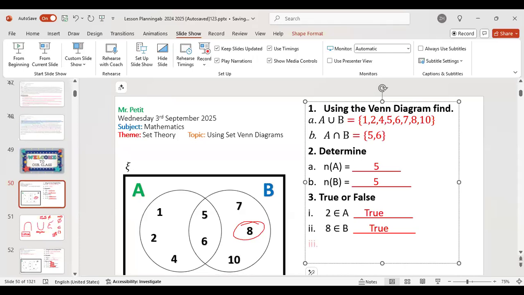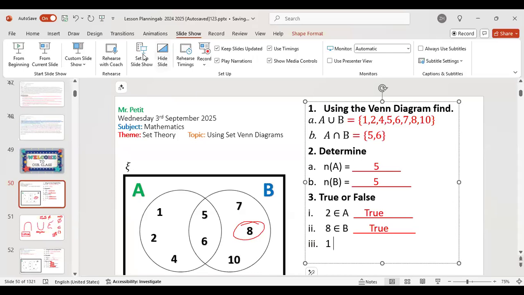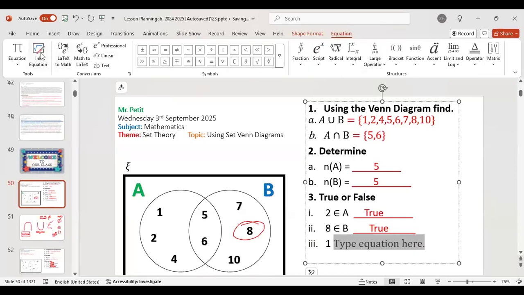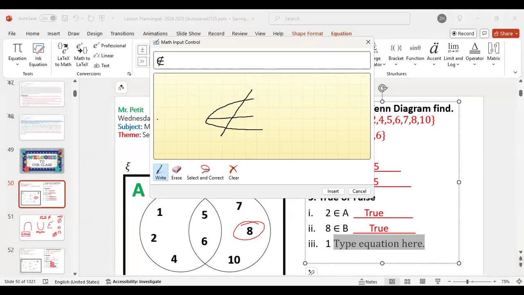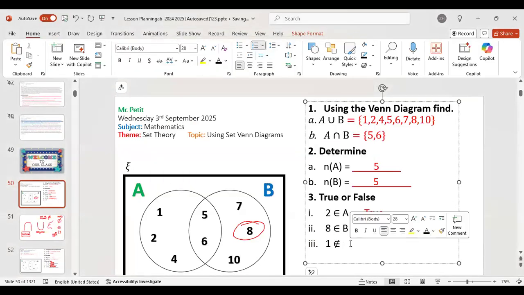We're going to say 1, whatever the symbol is, A. Anyone can answer?